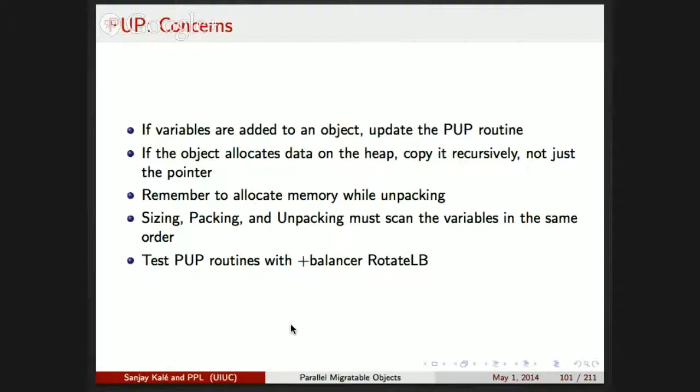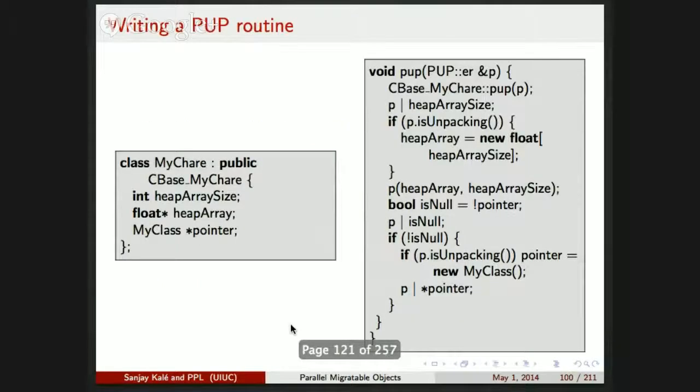Sorry, did you show us the sizing? It's the same code. The PUPer is polymorphic. The runtime will pass a sizing PUPer first, which will examine everything, but it won't actually touch the data. It'll just sum up the size of everything that it was passed. Then the runtime will see, okay, I finished sizing it.